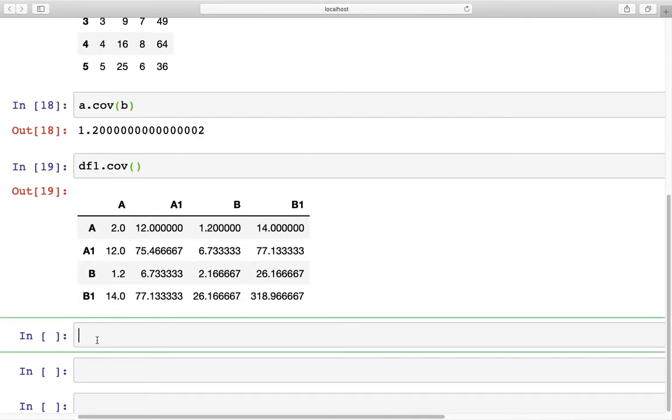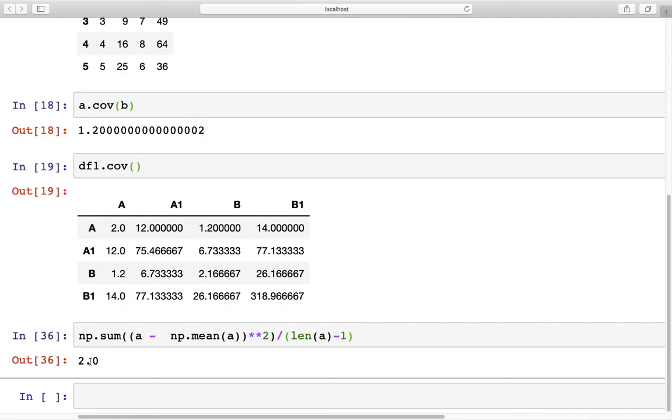So if we want to calculate it, what we can do is use the series A, which was the same as column A. So A minus np.mean of A, and then we want to square that, and then take a sum of that, np.sum, and then we want to divide this by n-1, as you may remember from the video.